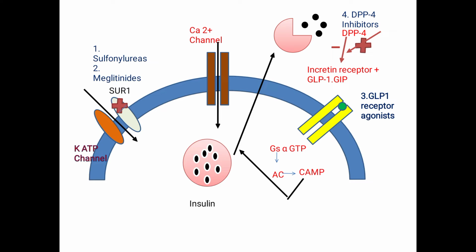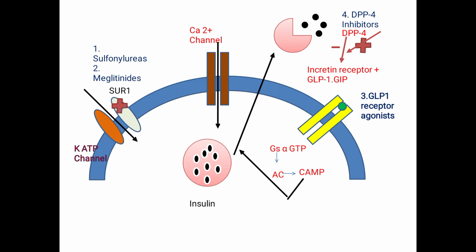Because of that, the calcium channel is going to activate and calcium is going to come inside. Since calcium comes inside, there will be exocytosis of the vesicles, so insulin is going to be released. So that is the first and second category, sulfonylureas and meglitinides.